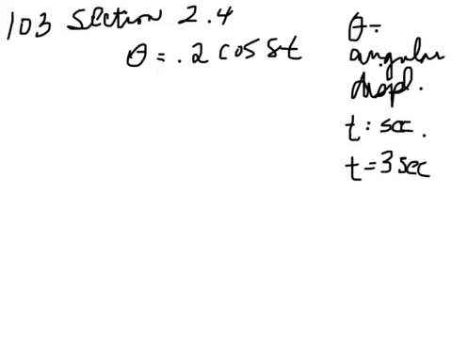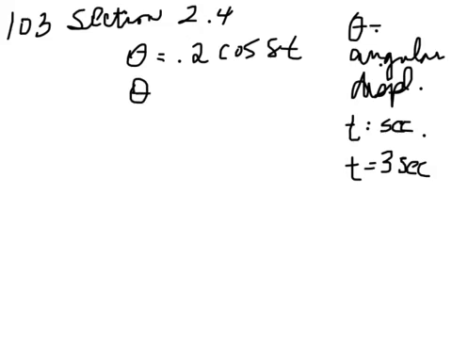When they asked us to find the maximum angular displacement, one thing we know is that this 0.2 cosine 8t, goodness gracious, can't talk. Cosine is going to return a minimum value of -1 and a maximum value of +1.